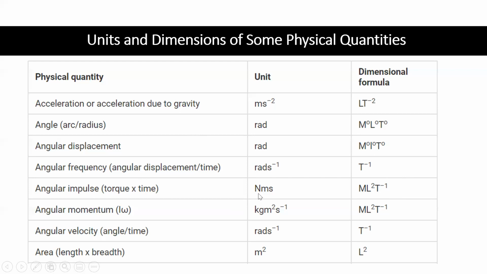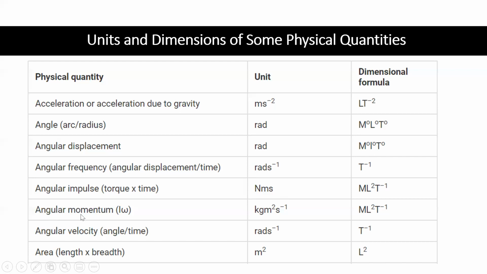And its unit is Newton meter second. Newton means force. Newton meter is torque, because torque is force times distance, or displacement times force. Time, second. So this is the unit for torque times time, angular impulse.